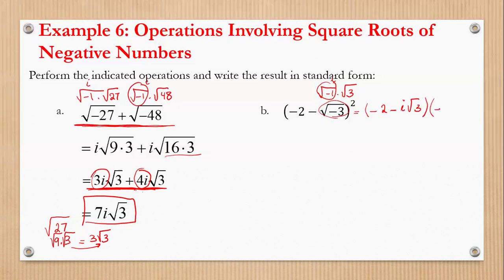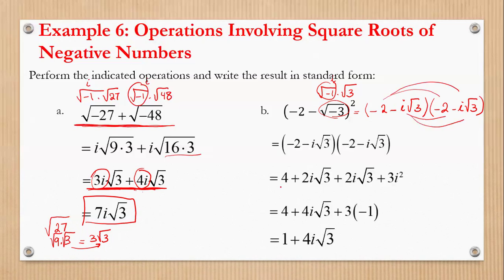Now I want to multiply the parenthesis by itself for the square part. So I need to square this parenthesis. We just multiply each term. Negative 2 times negative 2 is positive 4.